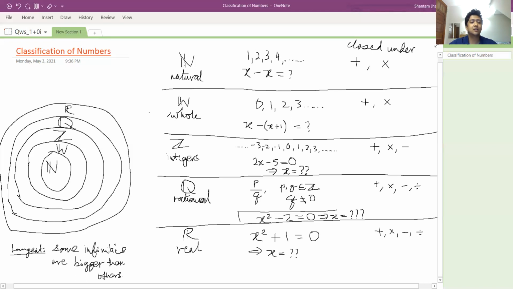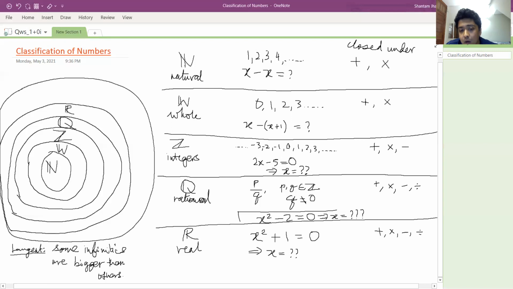Okay, and so finally, the set, where's my mouse? Let me first mention what we just did here: we attempted to take the square root of a negative number, right?